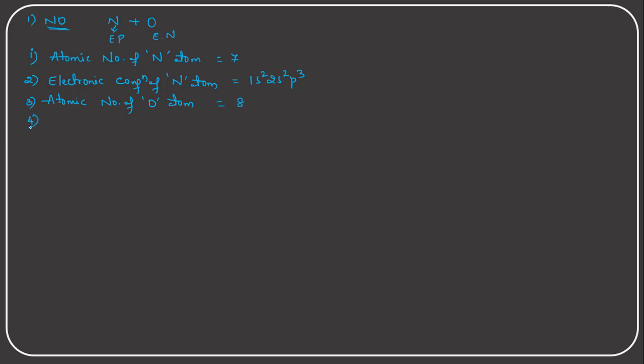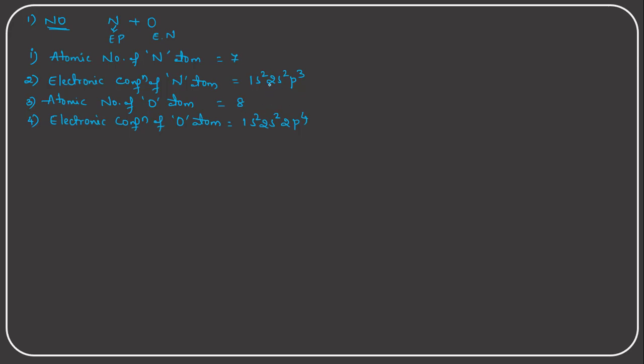And the fourth point is the electronic configuration of the oxygen atom. We know that it is 1s2 2s2 2p4, right?